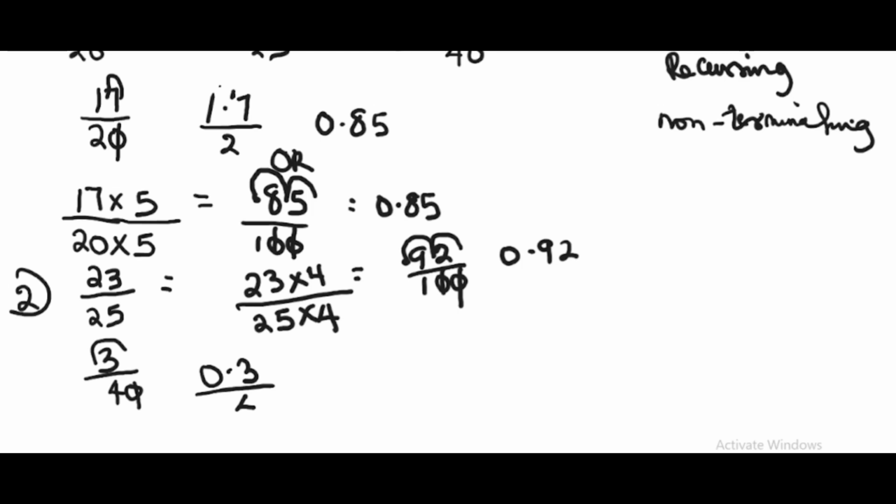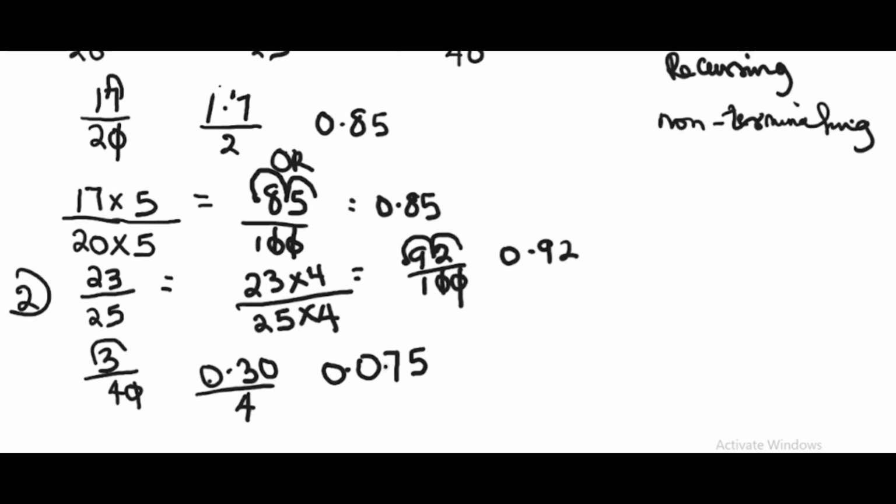So 4 divides 0 is 0 already. 4 divides 3, this might look a bit long. 4 into 3, it cannot. So I'll add another 0. So 4 into 30, we will have 7 because 4 times 7 is 28. Remember 2. And then 4 into 20, I have 5.